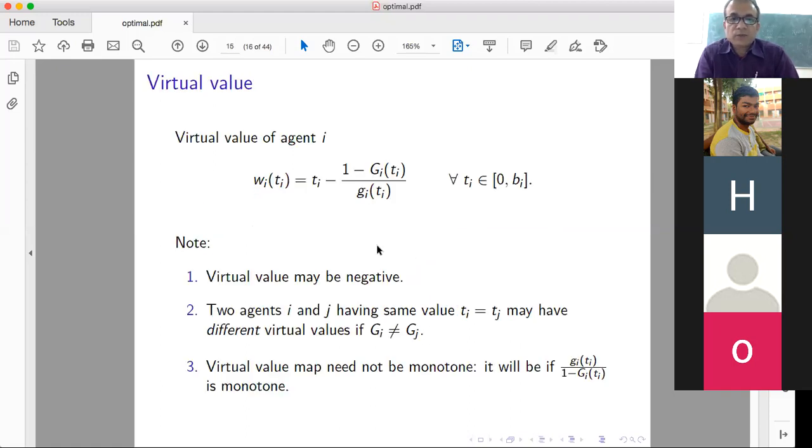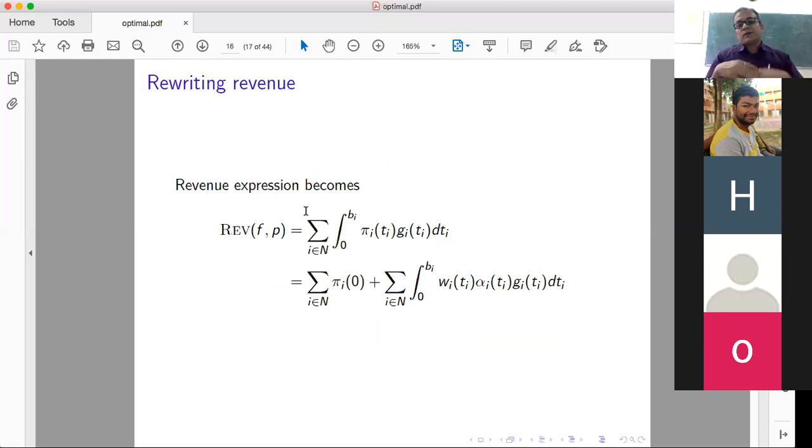Okay, so why is it expected virtual value? Well, virtual value is this, and it so happens that if we allocated efficiently, that is, we always allocated to the highest valued agent, then the expected surplus from the mechanism is the expected value, right?